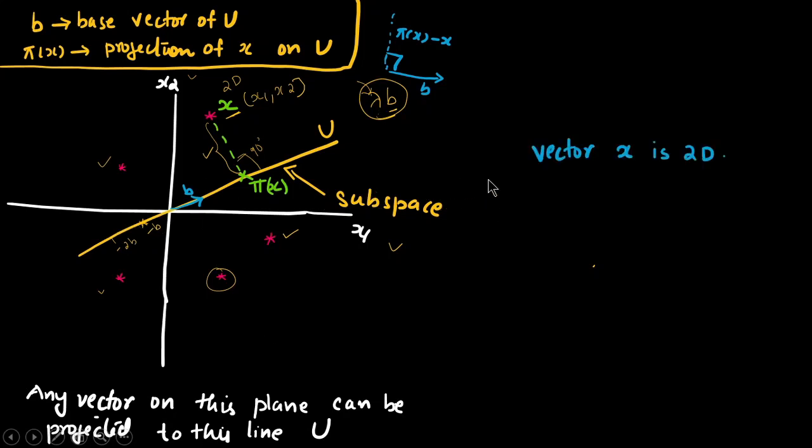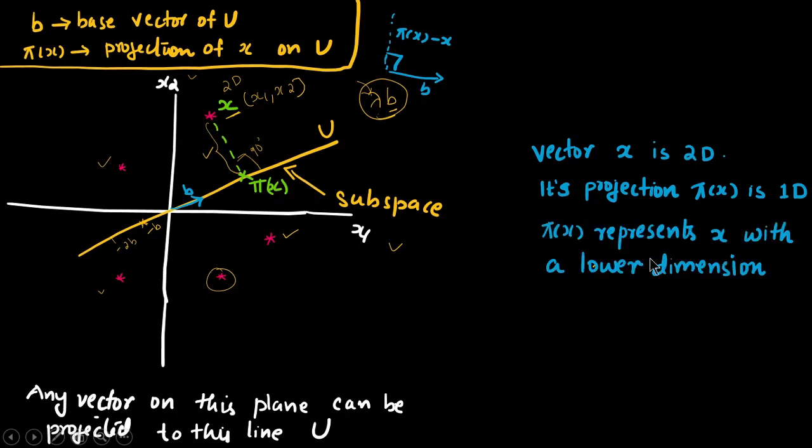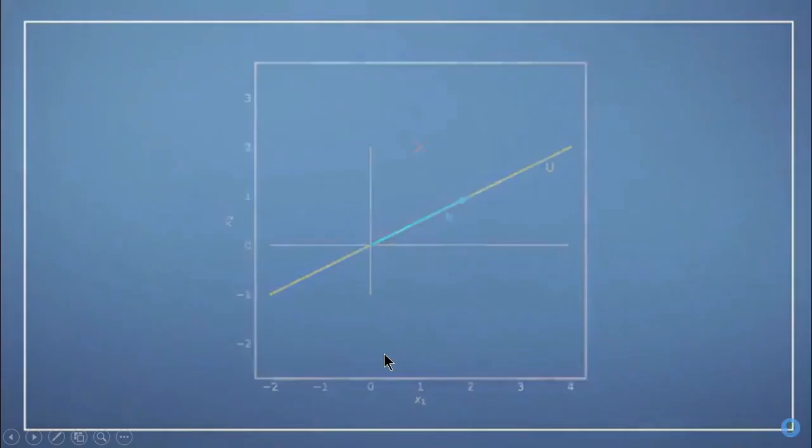So vector x is two-dimensional and its projection pi of x is one-dimensional because we need only one parameter to represent that. Pi of x represents x itself with a lower dimension. And it's called dimensionality reduction.